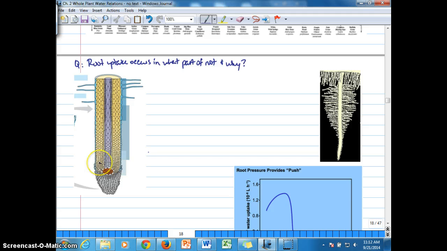So we're looking here on the left at a longitudinal section through the root, and you might recall this here being that apical meristem where cell division is occurring, and this is our root cap, which is that several layers of dead cells that protect the meristem as the root is pushing through the soil by shedding as the tip is abraded by soil. So root uptake takes place at about 0.5 millimeters away from the root cap.